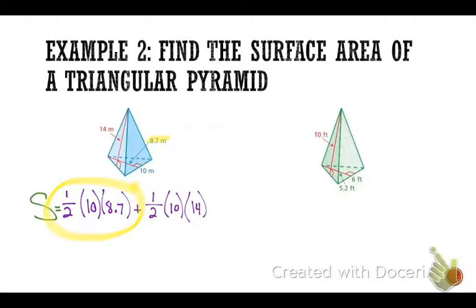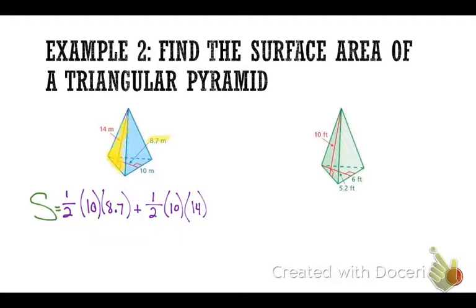So 1/2 base times height here gives me the area of that triangular base. See that? If it was a rectangle, you do length times width. This is just how you find the area. Then you do the area of the lateral face, okay? But that still has a base of 10, but now it has a height of 14. Okay? All right, let's do the math.